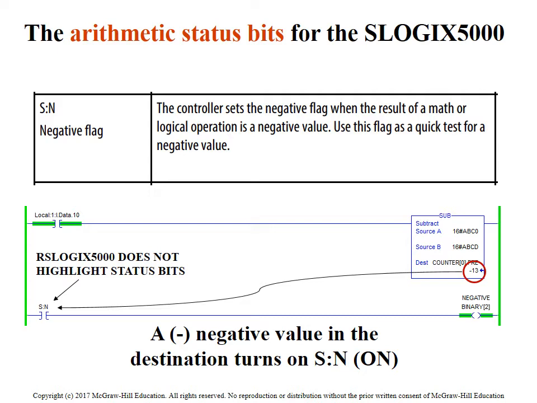It gives us a bit that turns on under the status bits. You see SN: S is for status, N is for negative, the negative flag. I pulled this right out of the Allen Bradley book. When it sees a negative value, it turns on this negative bit that I just randomly selected.